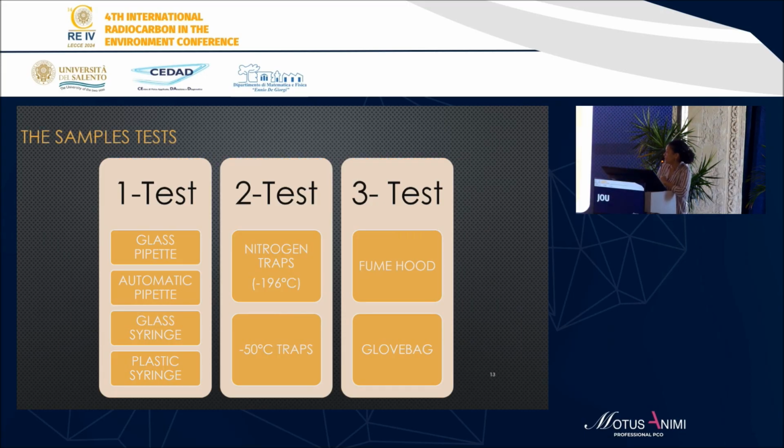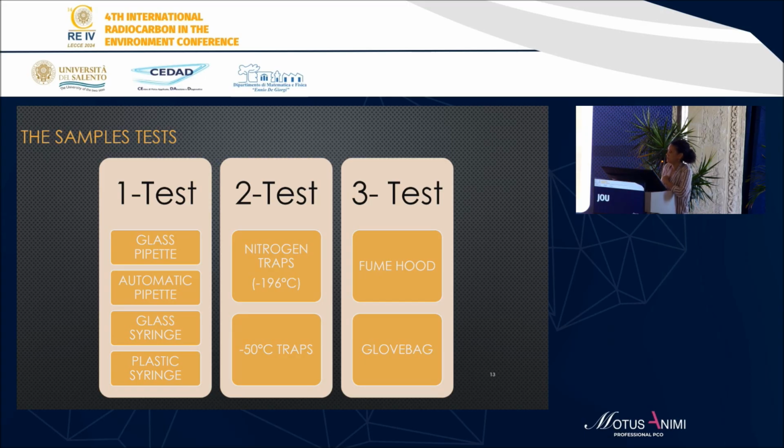I have 3 tests in this case. The first is handling using a glass syringe, automatic pipette, glass pipette, and plastic syringe. The second test was using temperature traps. In this case, I used liquid nitrogen at minus 196 degrees Celsius, and the second trap at minus 50 degrees Celsius. In the third test, I froze the samples before pulling the vacuum in the line.